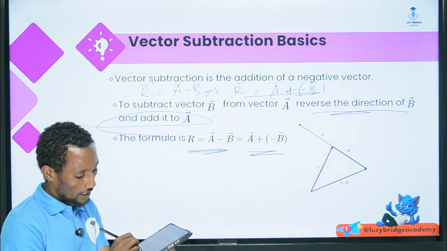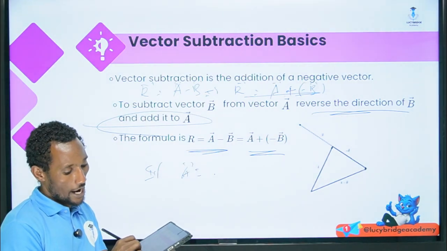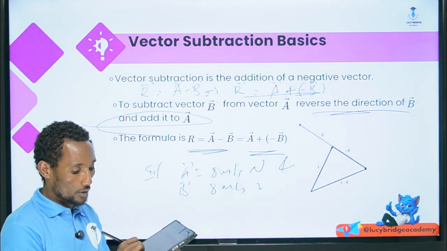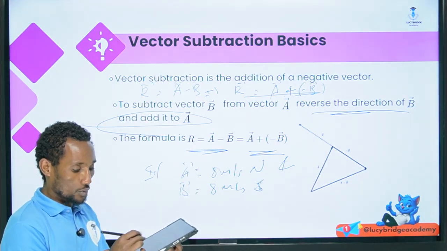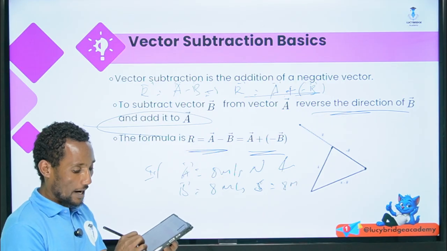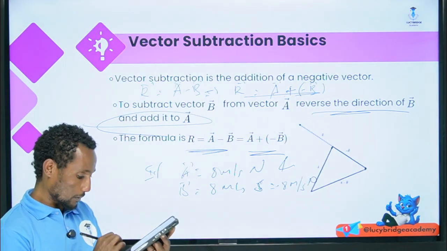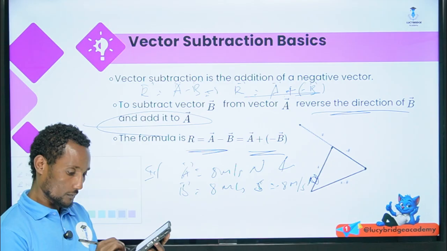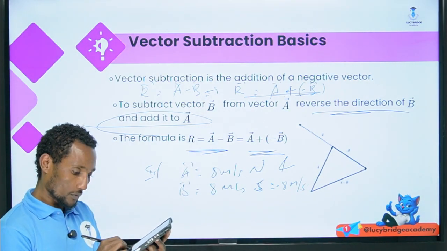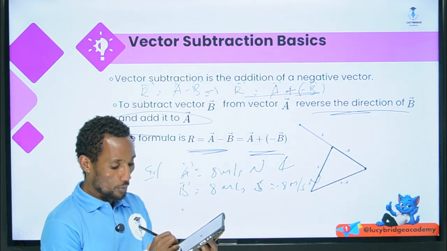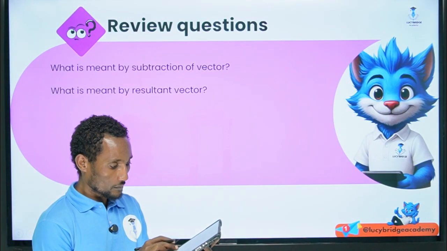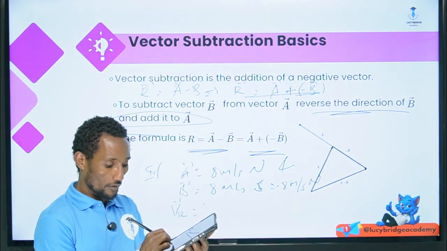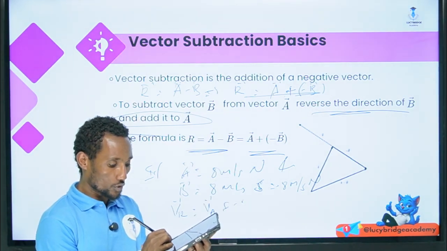For example, if vector A equals 8 meters per second to north and vector B equals 8 meters per second to south, then this is the same as 8 meters per second to north minus 8 meters per second to south. Then the resultant velocity of A and B equals the velocity of A plus minus the velocity of B.